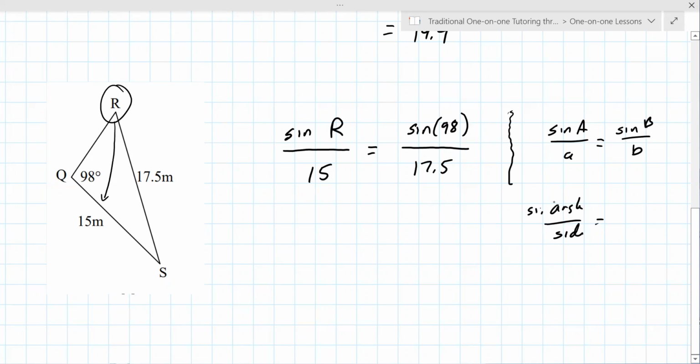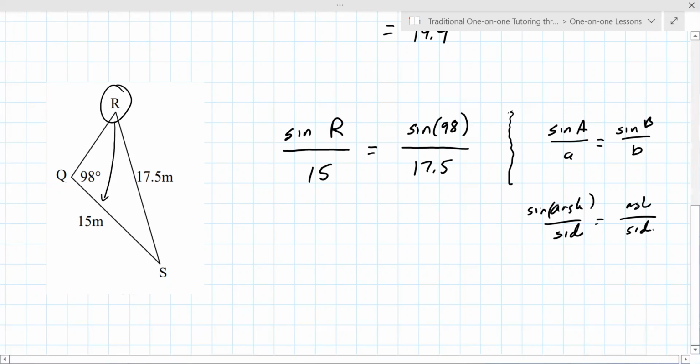It's sometimes better to remember the words or what they mean. What is the sine of A? It's an angle and a side across from that angle.